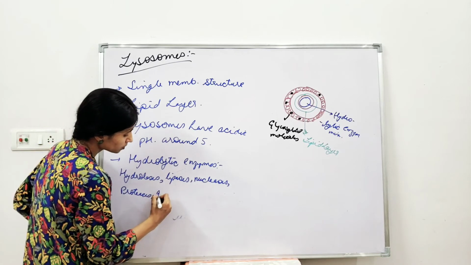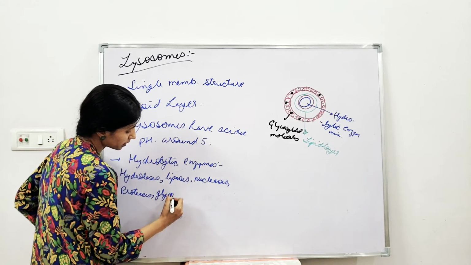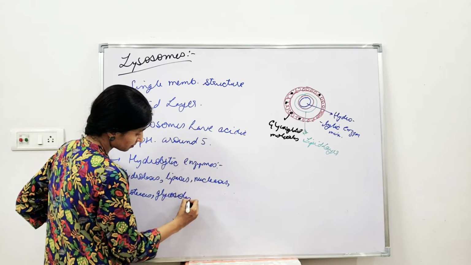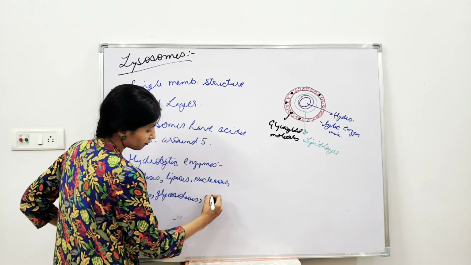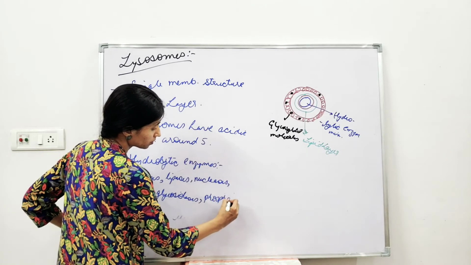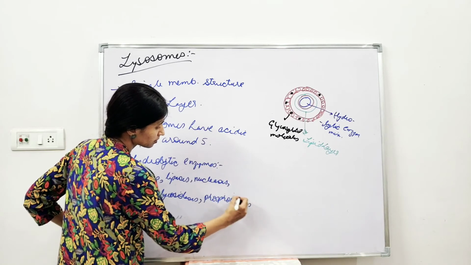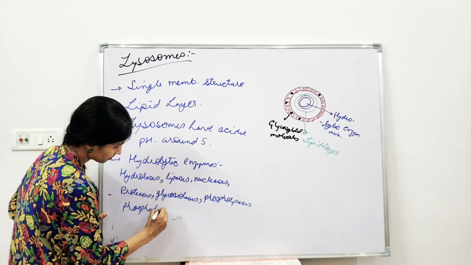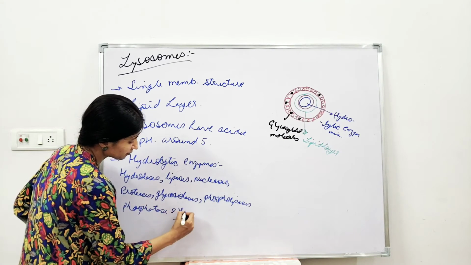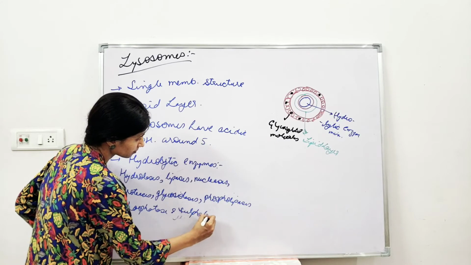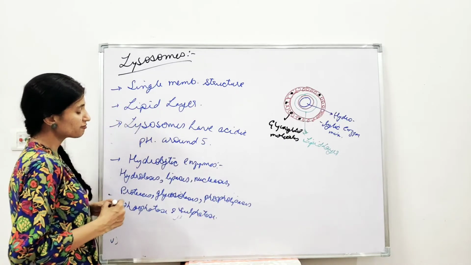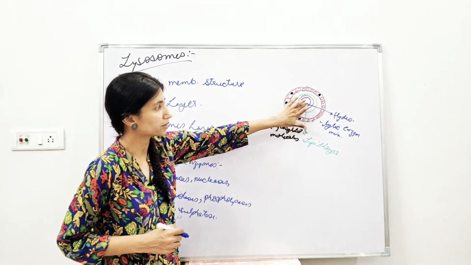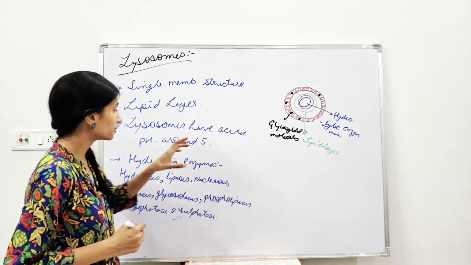okay, what more? Glycosidases, phospholipases, phosphatase and sulfatase. Okay, so these are the various range of hydrolytic enzymes which are present over here in the center. That is why the pH is very low.